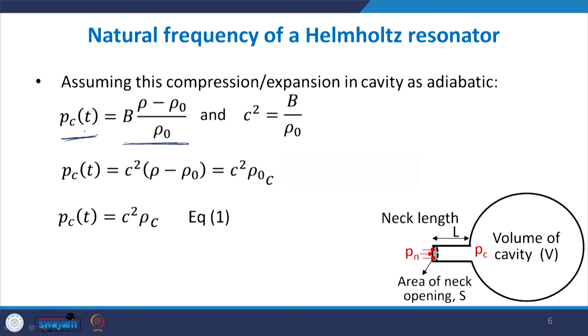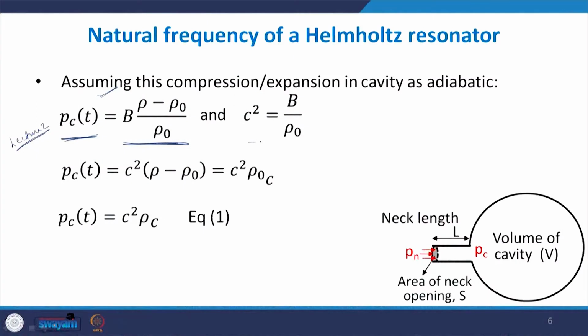If you can refer to that lecture 2, when we were discussing sound wave propagation, this is the adiabatic relationship. Here rho is the overall density and rho naught is the mean density at the equilibrium position. And the thermodynamic speed of sound was found to be c squared equals B by rho naught, or bulk modulus by the mean density.